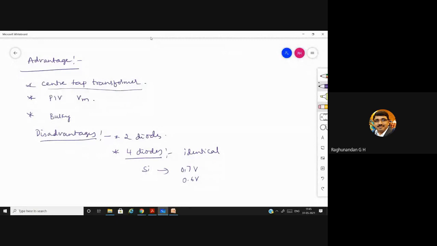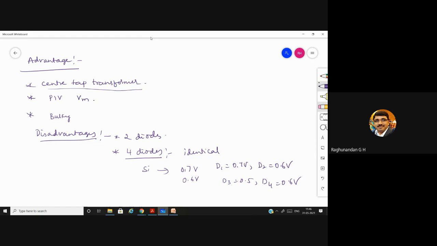It should not be like D1 having 0.7, D2 having 0.6, D3 having 0.5, and D4 having 0.6. If it is like this, they're not identical. Whether it is 0.6 or 0.5 or 0.7, all of them should have the same voltage drop.